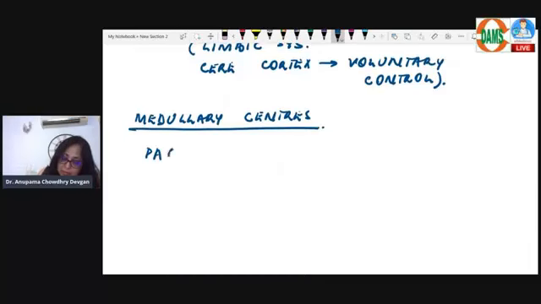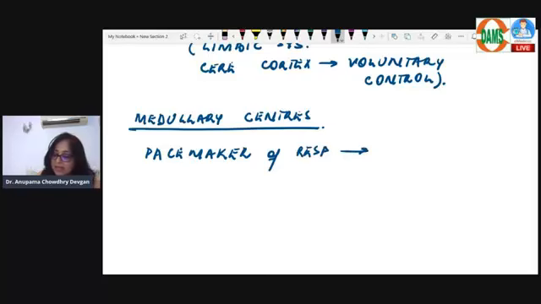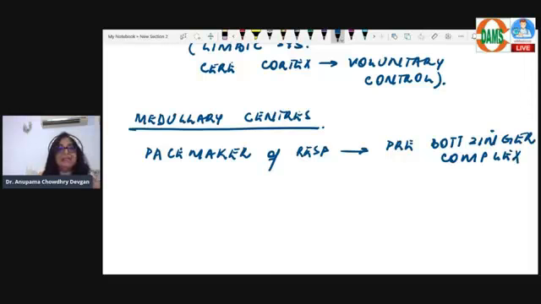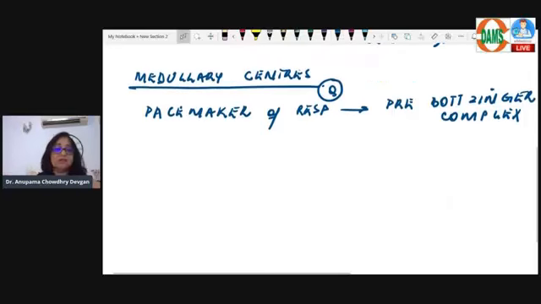The most important thing is the pacemaker of respiration, which is present in the medulla, and this is known as the pre-Botzinger complex. This question has been asked in the NEET exam, in the AIIMS exam: which is the pacemaker of respiration? It is the pre-Botzinger complex, located in the medulla.